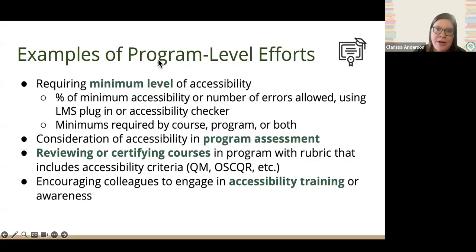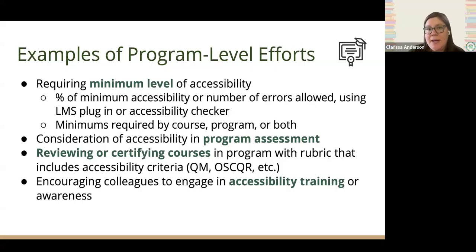So in terms of program level efforts, kind of tying all of that together, maybe that means requiring a minimum level of accessibility, whether that's for the program as a whole or in individual courses, or maybe that's saying, here's the number of errors that is okay or not. And then you may also consider accessibility in terms of assessing the quality of that program.